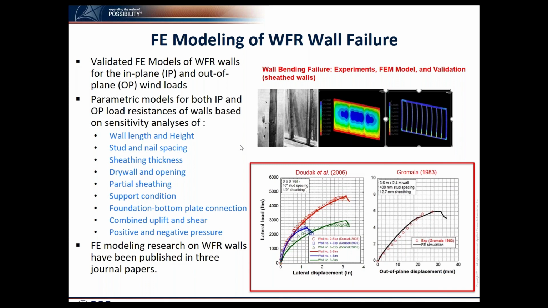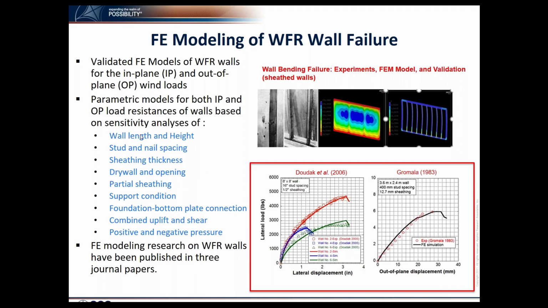We then ran a lot of sensitivities such as varying the wall length and height, the stud and nail spacing, and varying the sheathing thickness, whether there is drywall present, how much is the opening on the wall, and whether the wall is minimally sheathed or fully sheathed, what was the support condition, and so on and so forth.